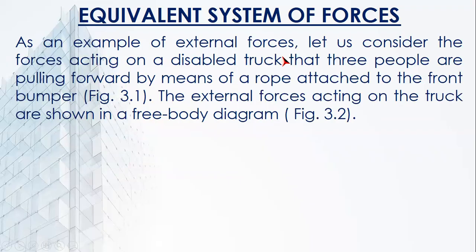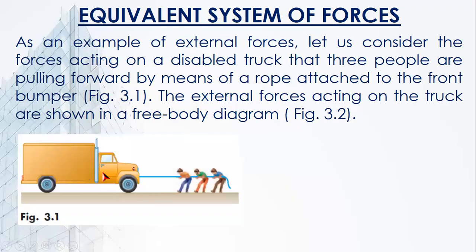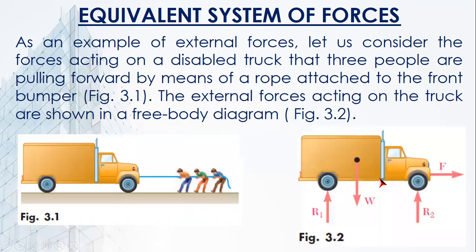As an example of external forces, let us consider the forces acting on a disabled truck that three people are pulling forward by means of a rope attached to the front bumper. So it is being pulled. The external forces acting on the truck are shown in a free body diagram in figure 3.2.